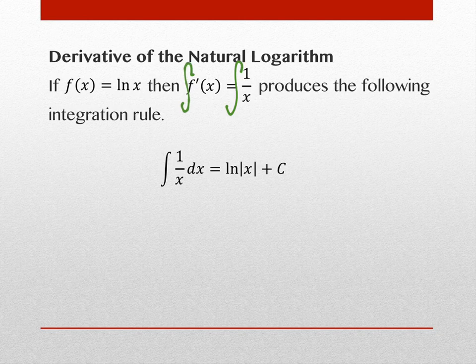So the natural log of x, its domain, which might be the word you're looking for, is only positive numbers. We already don't have to worry about 0 because 0 is not in the domain of 1 over x anyway. So that's taken care of easily because it's also not in the domain of natural log of x. But we could have negative numbers underneath the division sign. That's not a problem, but we can't have them inside of a natural log.